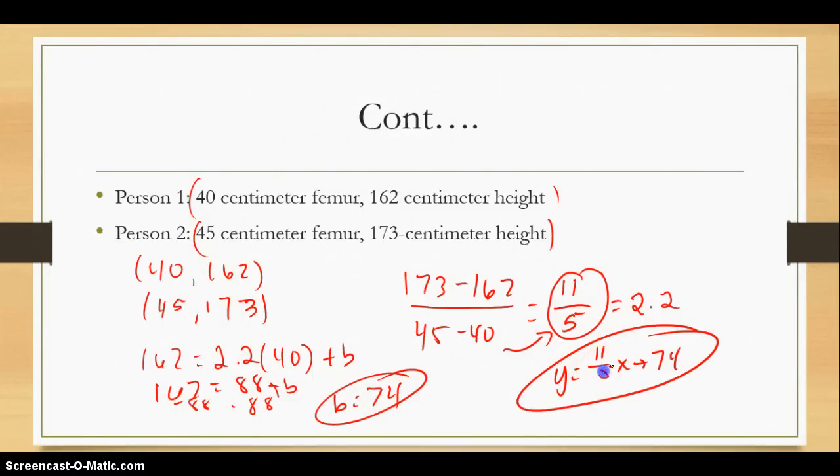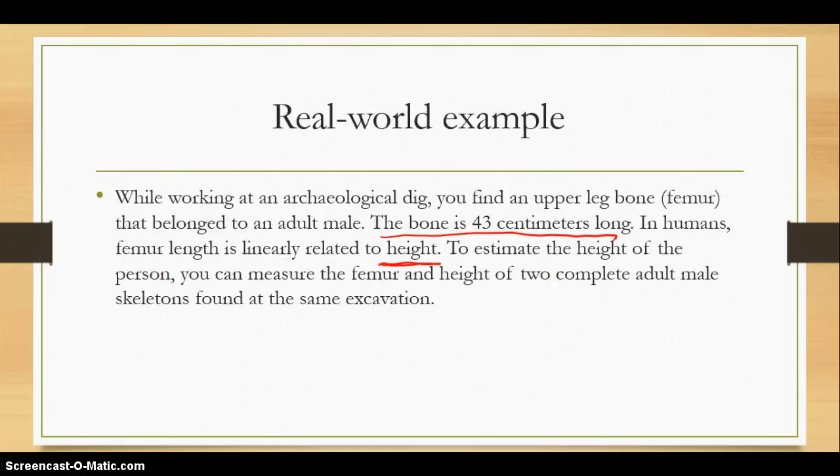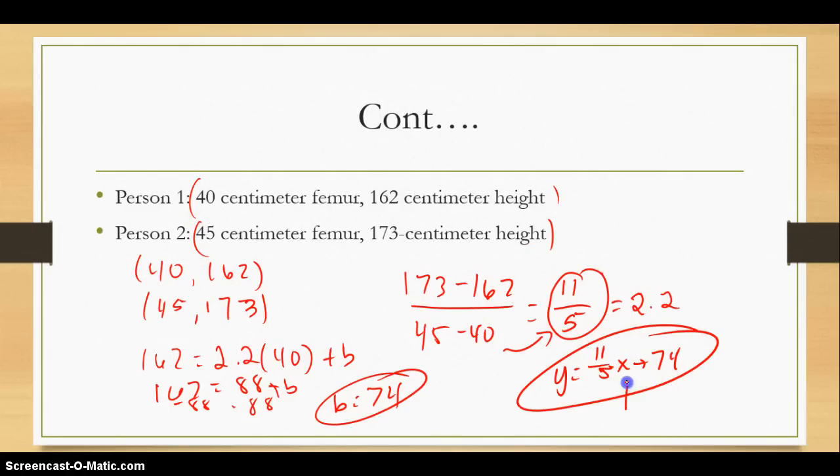So let's go back now. The person had a 43 centimeter femur. So X right here, we know this is X and this is Y, so we can plug in 43 for X here and find out how tall this individual was. So we can already assume that more than likely, since 43 is in between 40 and 45, his number should fall somewhere in between that.